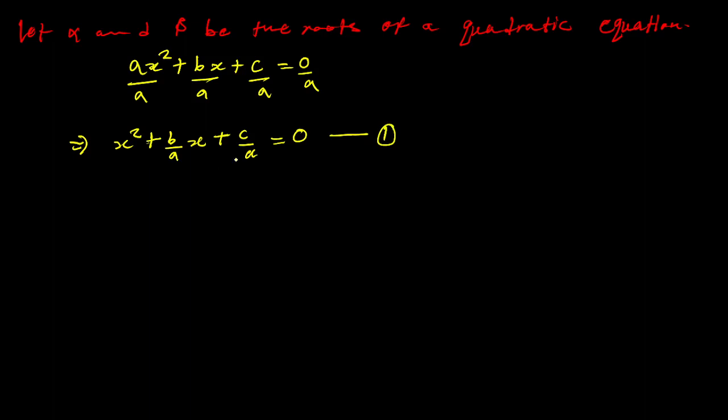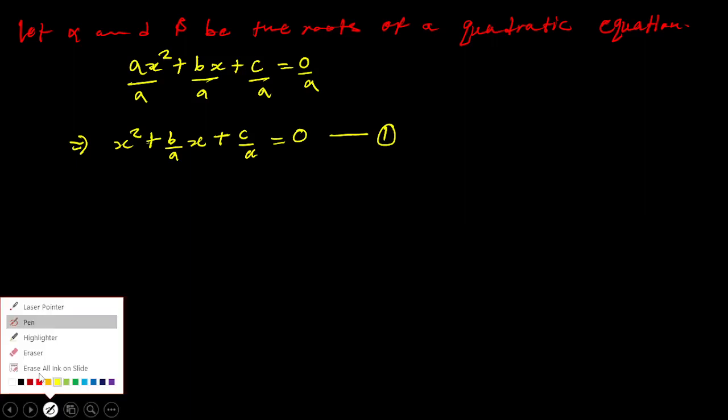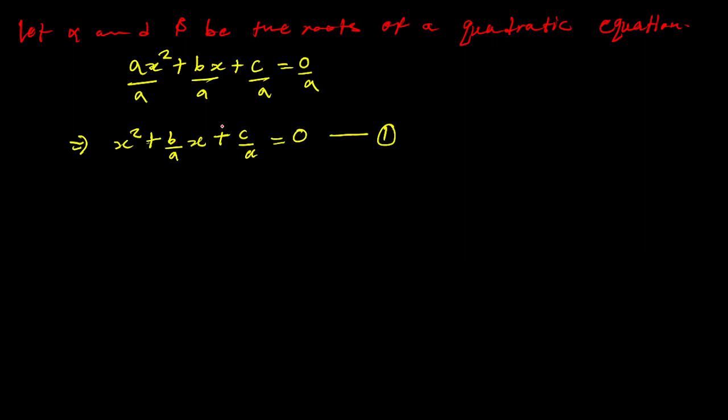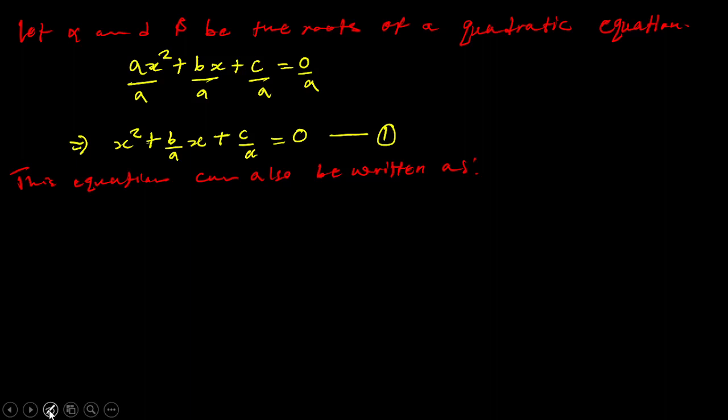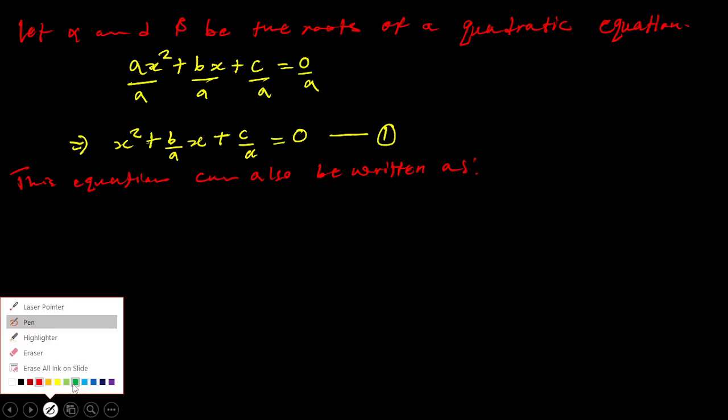So we are trying to find how best can we relate the roots to the coefficients of this particular quadratic equation. One other thing that you need to understand is that this quadratic equation can also be written in another form. So this equation can also be written in the following form, which I am going to write down.